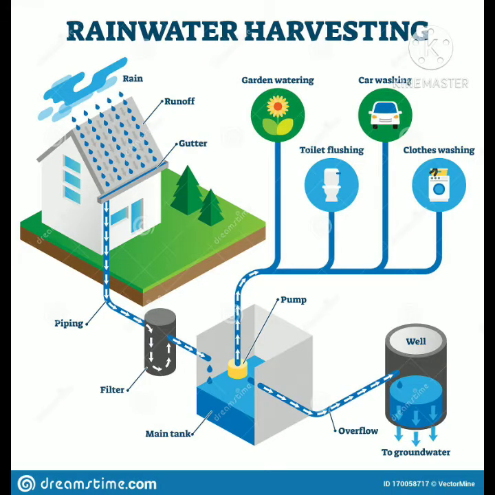Next topic is rainwater harvesting. Rainwater harvesting is the simple process or technology used to conserve rainwater by collecting, storing, conveying, and purifying rainwater that runs off from rooftops, parks, roads, open grounds, etc. for later use.